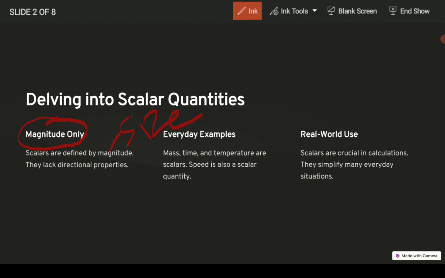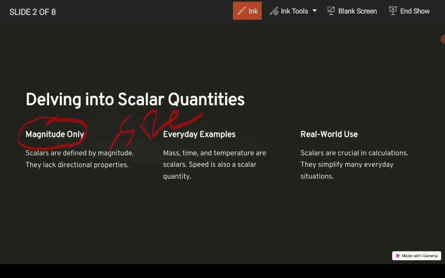Why is it a scalar quantity? It's because it is fully and sufficiently defined by its magnitude. So a scalar quantity has magnitude only. There is no need to attach direction to it.